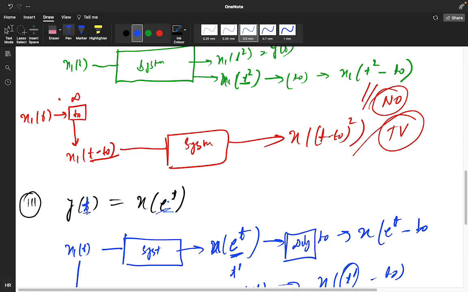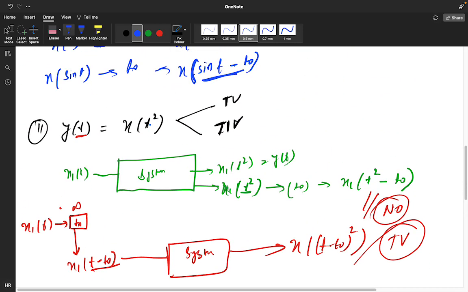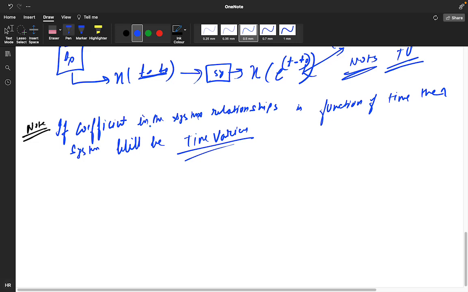So this is a coefficient, this particular one is a coefficient of time. Whenever this kind of signal comes, you have to check like this.